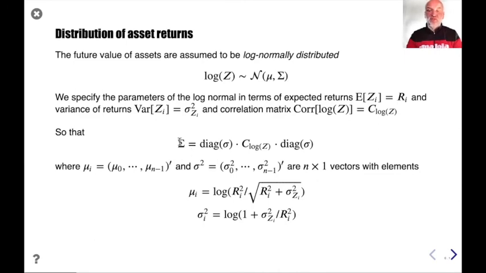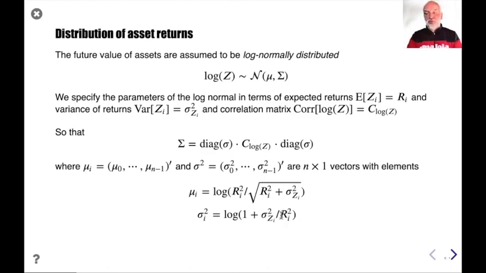And for instance, you can get sigma, the variance covariance matrix, simply by multiplying the standard deviations of the log of the assets on both sides of that variance covariance matrix. And that vector of standard deviations can be computed basically from the parameters that we have specified.